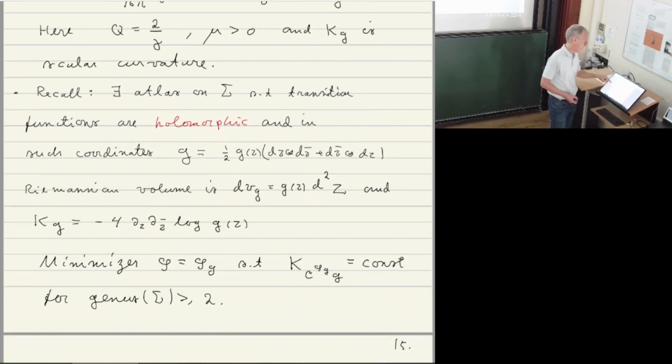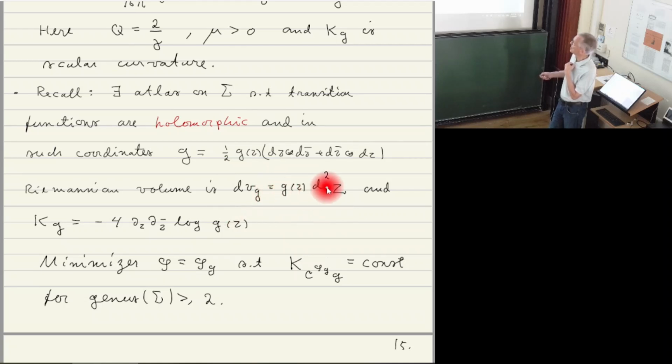I think I put here a recollection of what it means to be this. I wrote the formula for the curvature here. So first of all, in this setup, it's a Riemannian surface, but it's actually a Riemann surface in the sense that you can choose coordinates on the surface locally so that the metric takes Euclidean form times a function, and then the Riemannian volume is very simple.